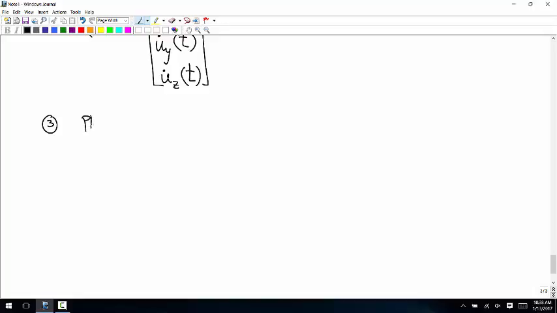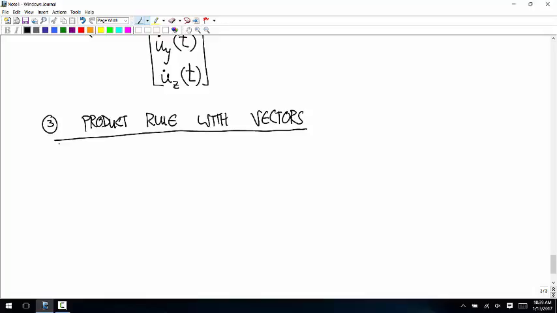Product rule with vectors. There are a few types of products that come up with vectors. Remember, you can multiply a vector by a scalar. You can take a dot product with two vectors. You can take a cross product with two vectors.